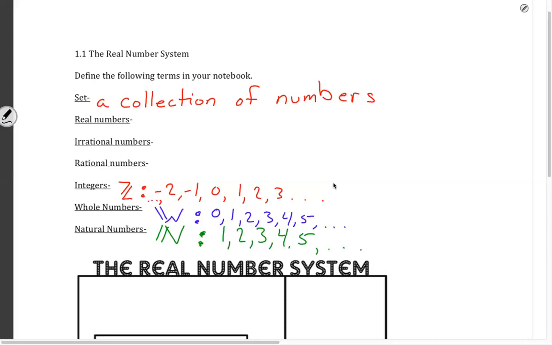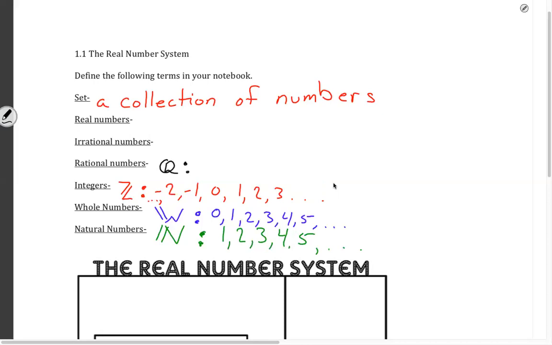Rational numbers, these are a fancy Q. It's like a Q with an L in it.